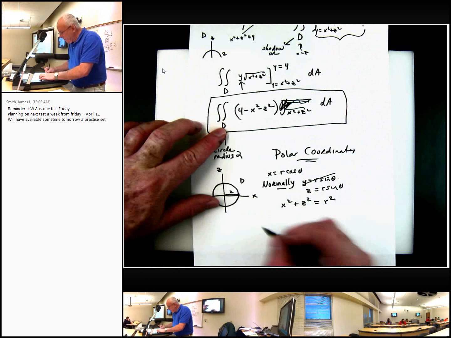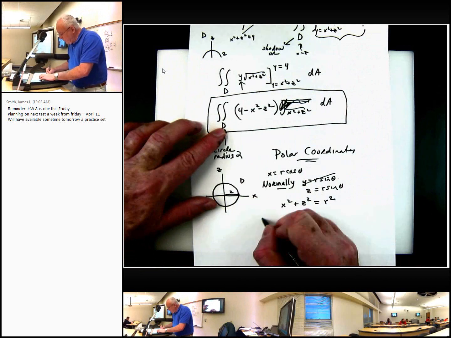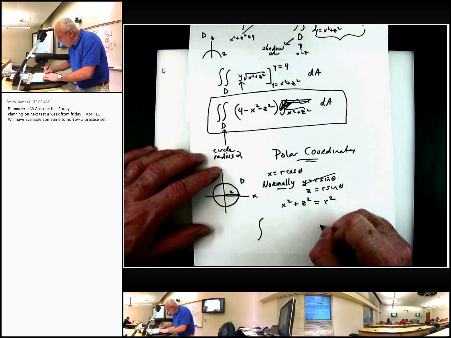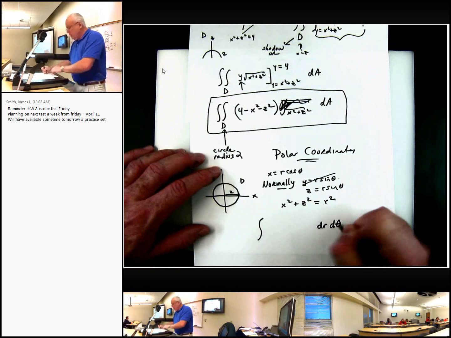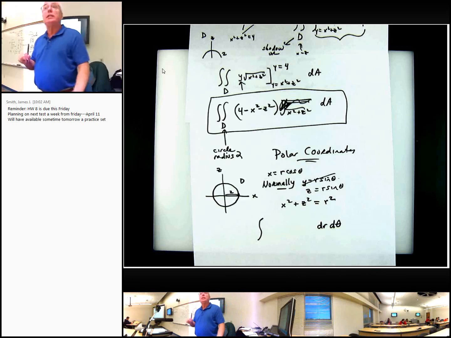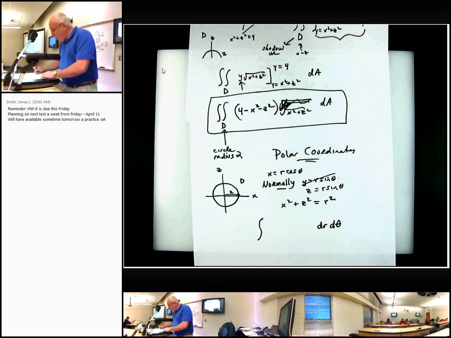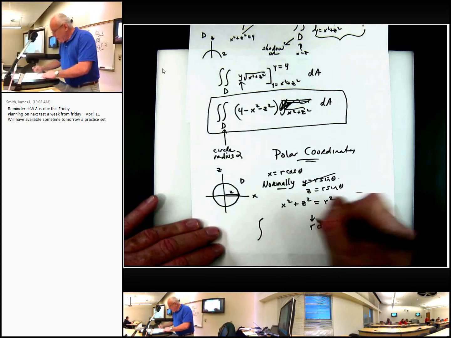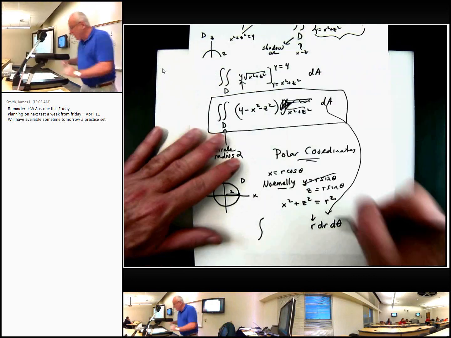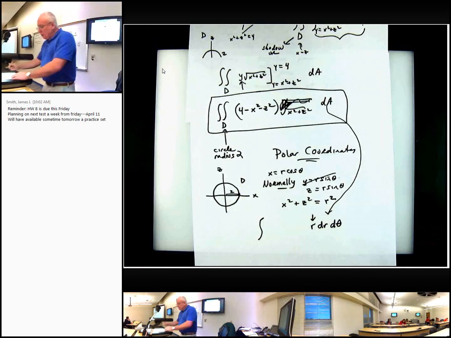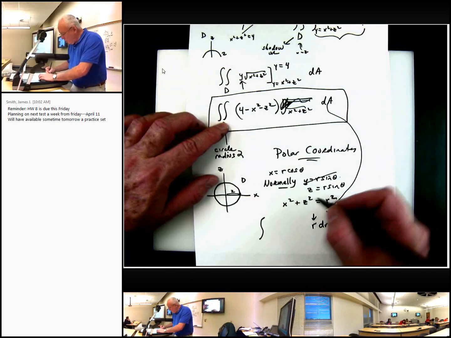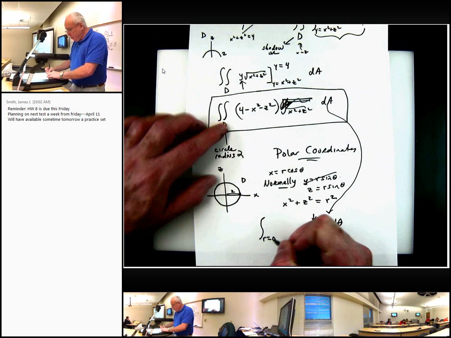All right, so let's see here. We're going to integrate, it's going to be dr d theta. What else do I need to put in there besides just dr and d theta? Yeah, it has to be r dr d theta. So the dA gets replaced by r dr d theta. So let's integrate first with respect to r. So r is going to go from 0, the center.